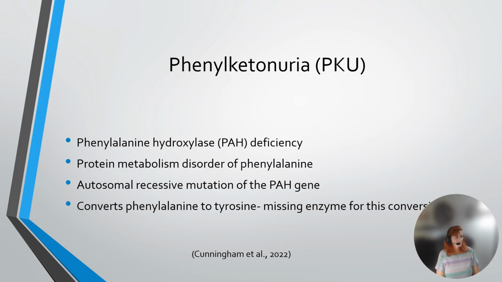All right, so PKU. When we're talking about PKU, phenylalanine, as I just showed before, is an essential amino acid. But what's happening is we're missing that enzyme. It's deficient and it cannot be broken down. So it's a protein metabolism disorder of phenylalanine. So autosomal recessive. So we can't convert it over, which happens to have a buildup in the body.